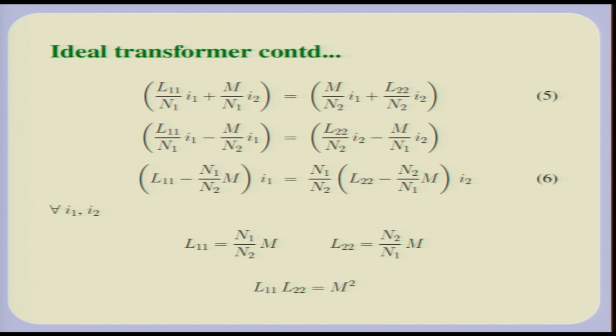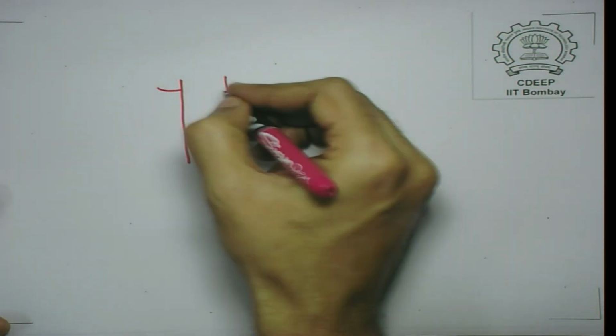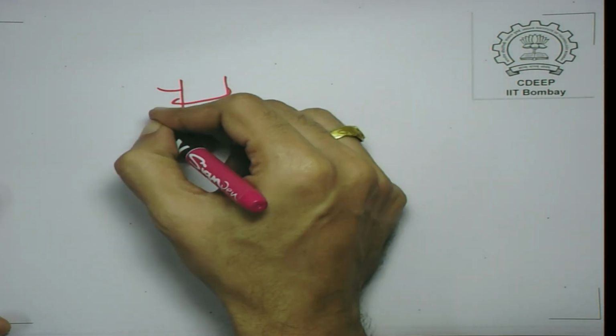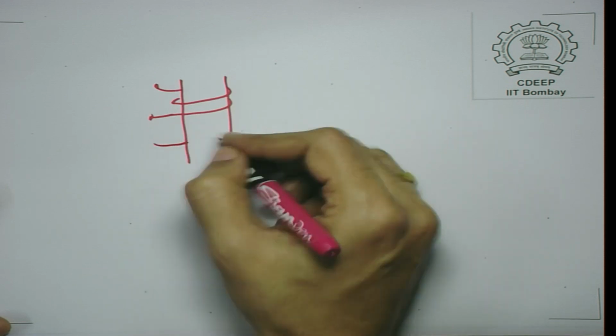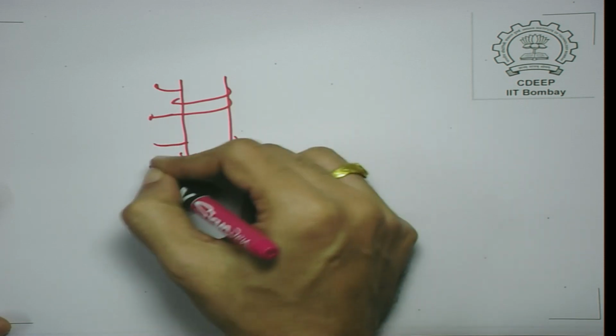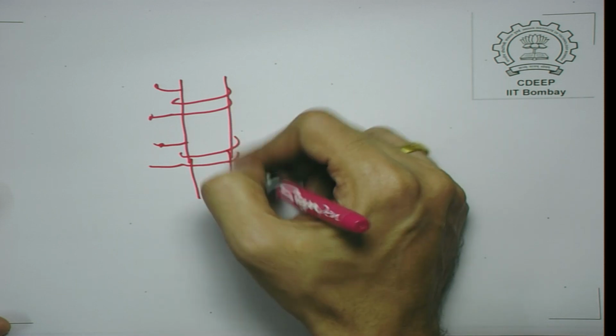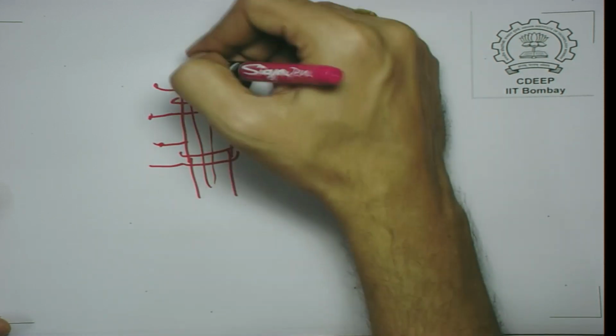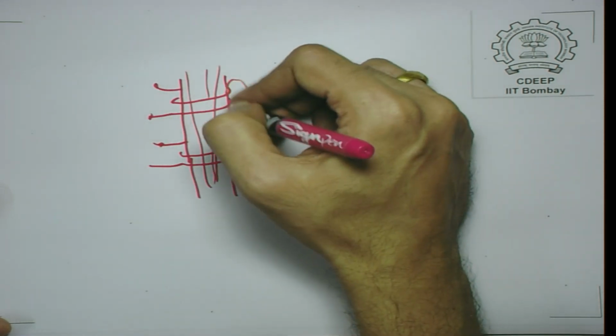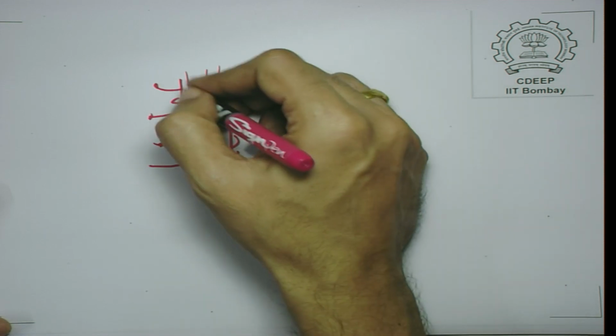So, there could be mutually coupled circuits where the flux linking the first coil does not all link with the second coil. Just to give you a visual indication, if you have one coil on one core and another coil on the same core, I have assumed for an ideal transformer that the same flux links both the coils, but actually there could be some flux which does not link both the coils.